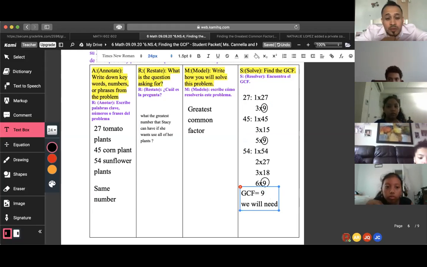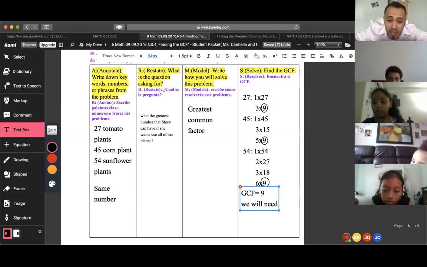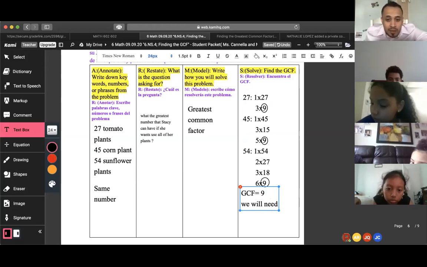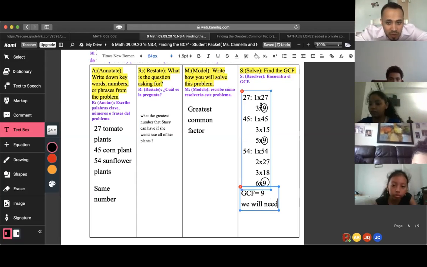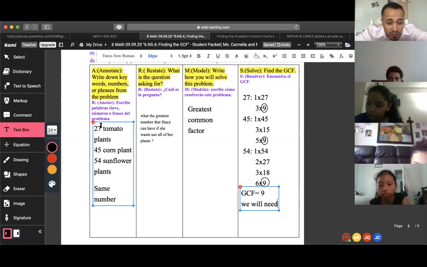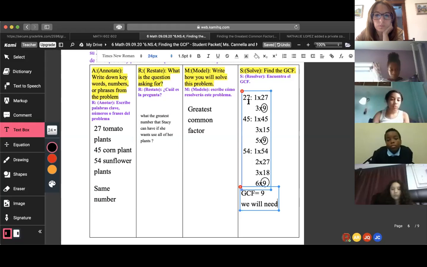Guys, this is the part that I was telling you that you might get confused about. The greatest common factor, meaning the common thing that we have between all of them, is 9. We need 9 of something. How many rows depends on how many plants you have. So we have 9 here, and that stands for the 27 tomatoes. 9 times what equals 27?